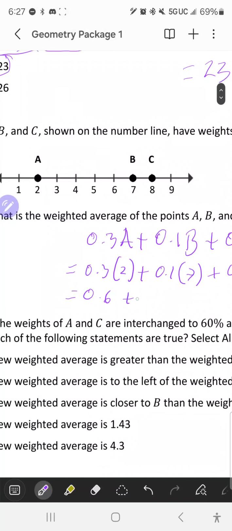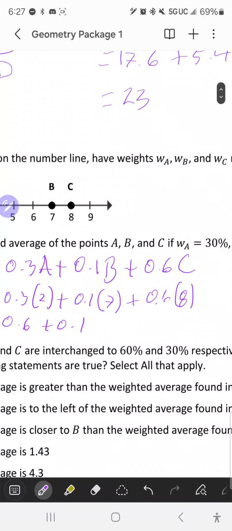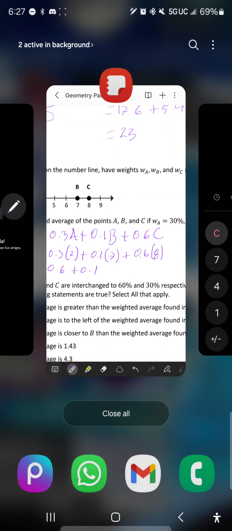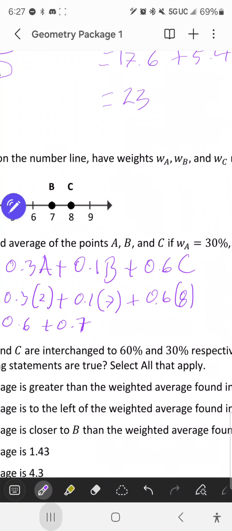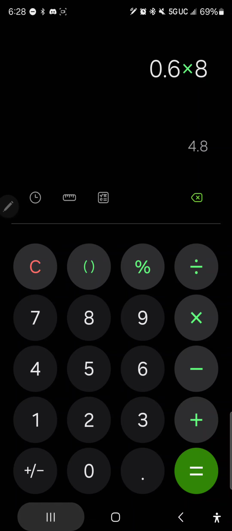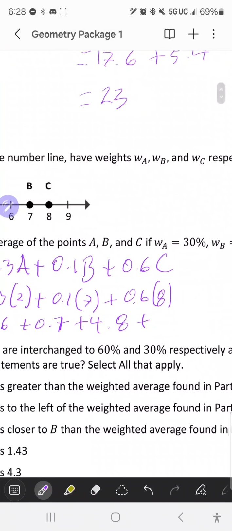This is going to be 0.7 and 0.6 of 8. Wait, this is 0.7. I don't know what I put on. Just to check if you want. Now 0.6 times 8 is 4.8. So we got our results.